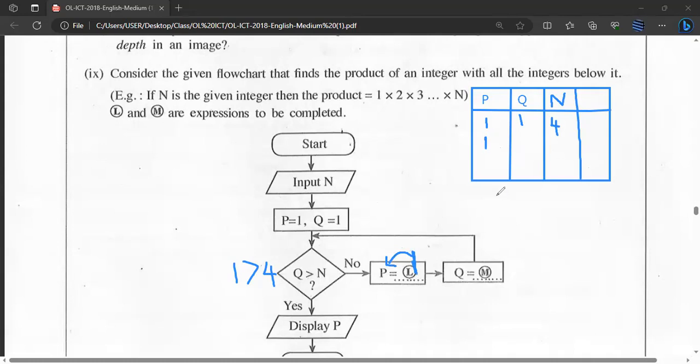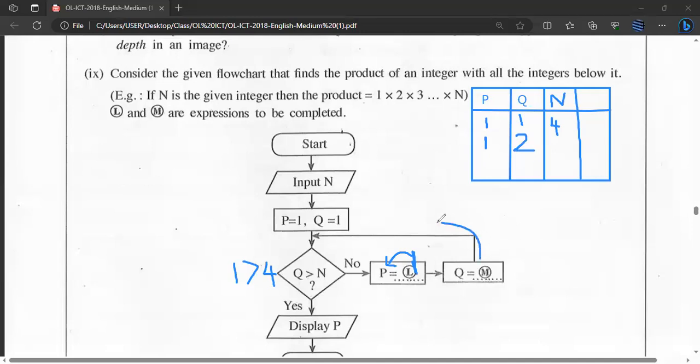Okay. Then for Q, we found out that we need to increment Q by 1. So Q plus 1, right? Then what will happen? Q is initially 1. So once you add 1, 1 plus 1 is going to give you 2, right?